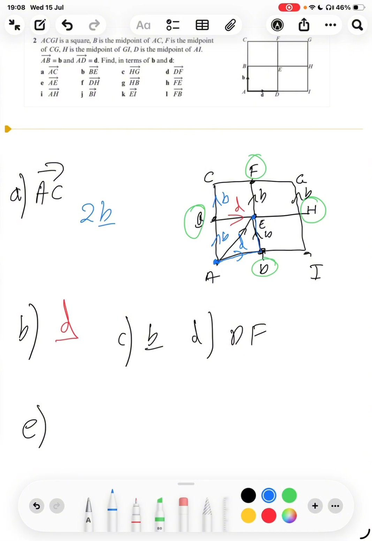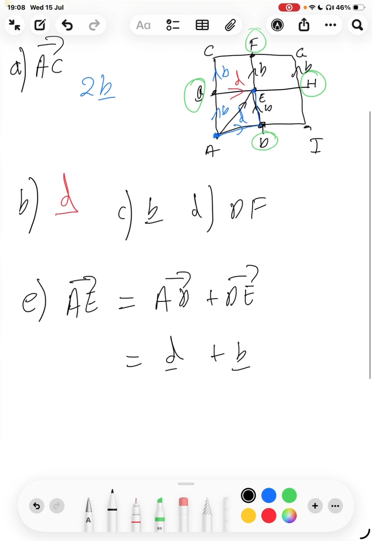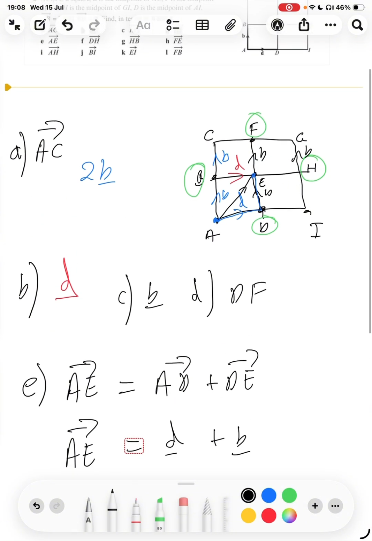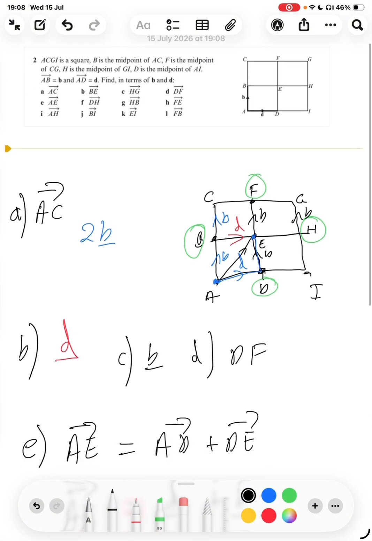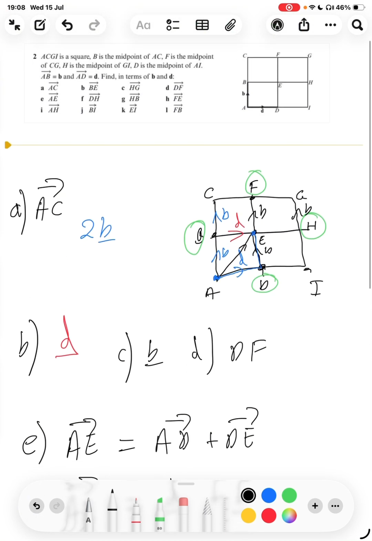So we've gone through D and we've gone up B. So A to E is the same as starting at A, going to D, and then starting at D and going to E. We know AD is just D, and then DE is just B. So A to E is D plus B.